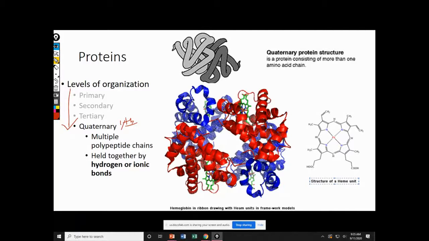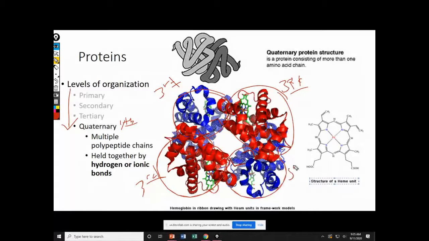So if I look at the example I have on here, this is a tertiary protein. This is a tertiary protein. This is a tertiary protein. And this is a tertiary protein. So the example I have is actually made up of 4 independent tertiary proteins that have all come together to do group work, to do a bigger job. And as you can see, this is the structure of a heme unit.